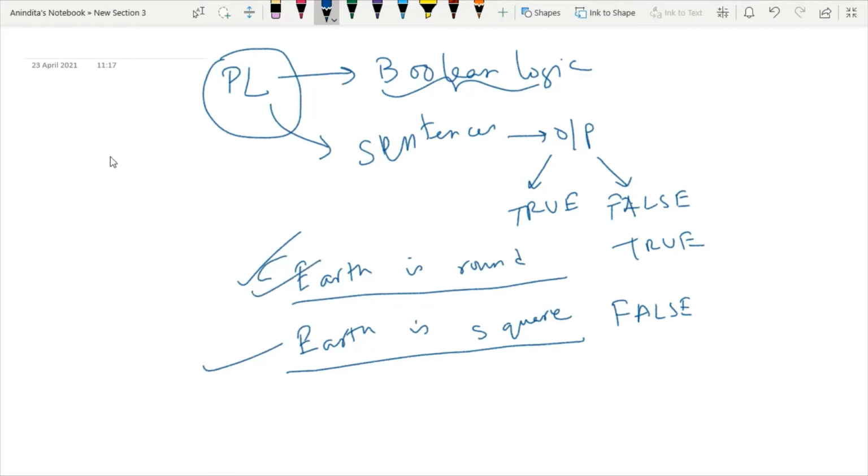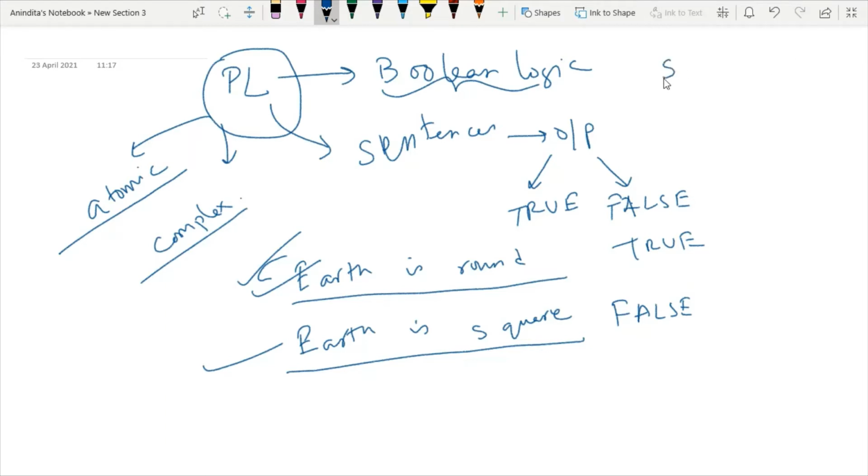So now we have two types of propositional logic. One is your atomic sentence and another one is your complex propositional logic. So the first type is atomic propositional logic and the second type is complex propositional logic. Atomic propositional logic means a single proposition.